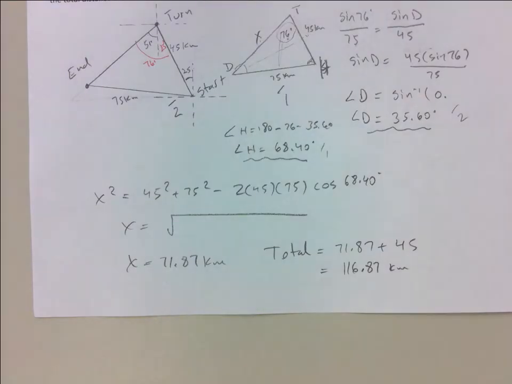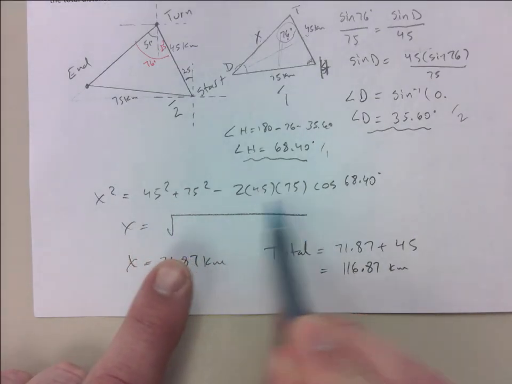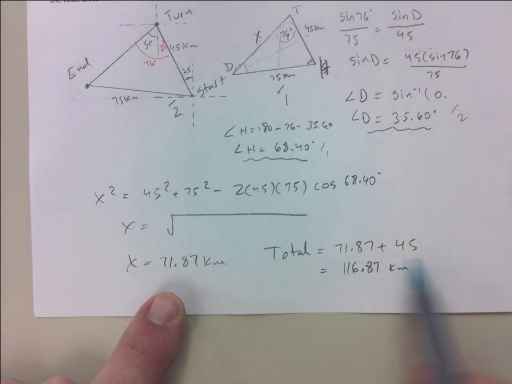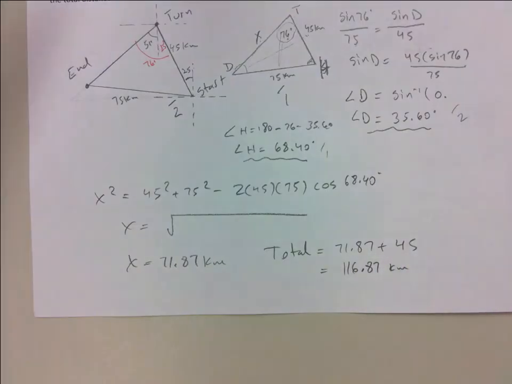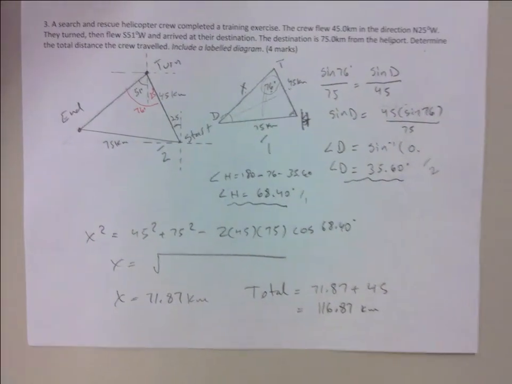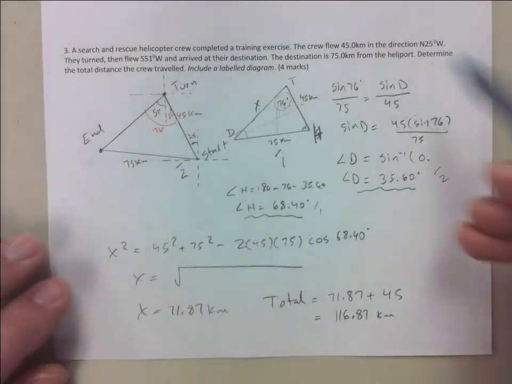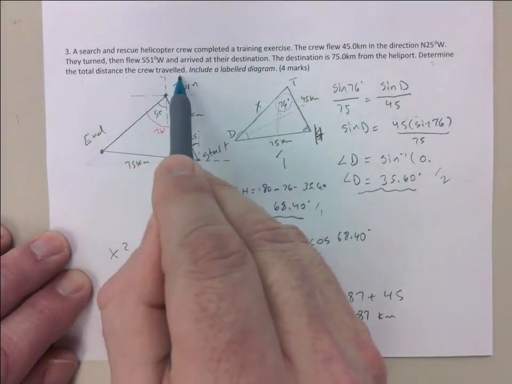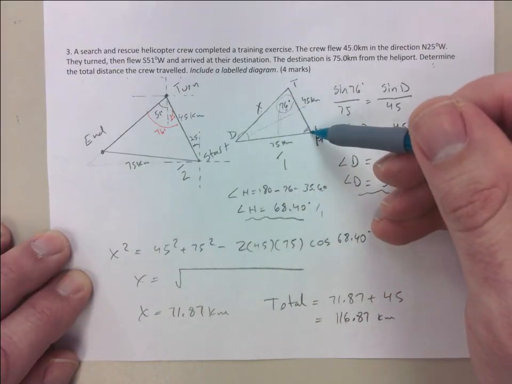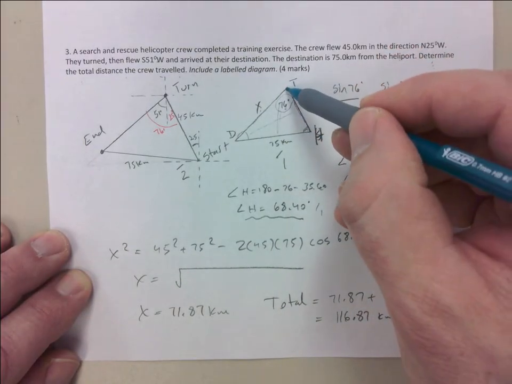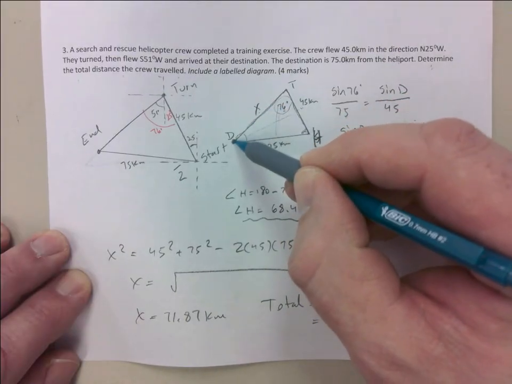Yeah. Why do you use 75? 91.89 plus 45 plus 75. Are you asking about this here? No, the total. This? Yeah. Because the question asked, determine the total distance the crew traveled. So the helicopter starts here, flies 45, and then flies to the destination.